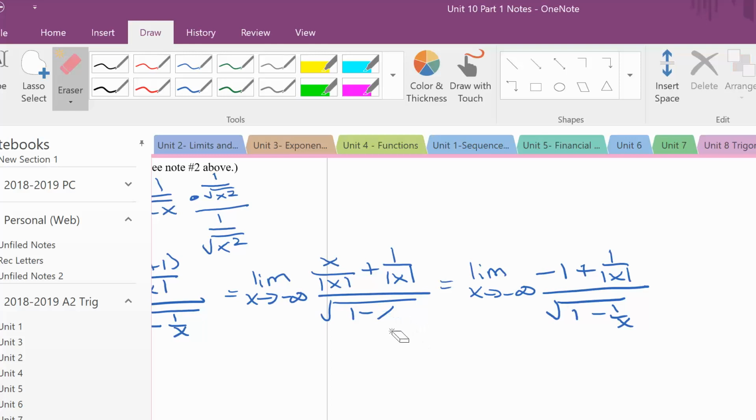Sorry, I initially had put x here. It should be 1 over x.